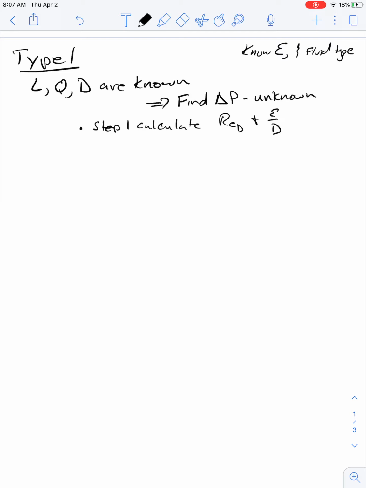Now, once we know the Reynolds number and the relative roughness, we can calculate our friction factor from the Moody diagram or from the Colebrook equation, or whatever equation you choose to use, because there are some simplified ones. Once we have F, we can right away calculate our major head losses, and that's going to be equal to, as before, the friction factor times L over D, V squared over 2G.